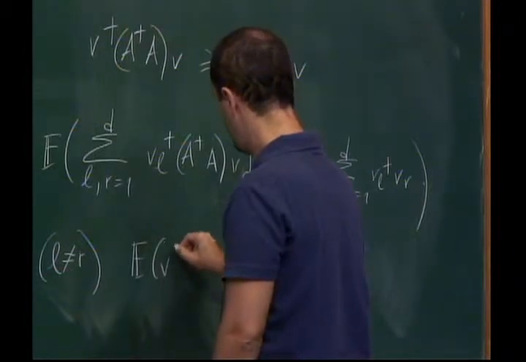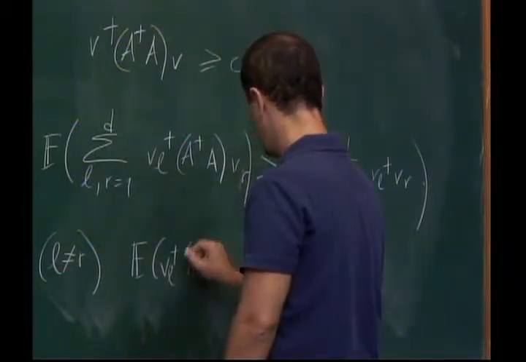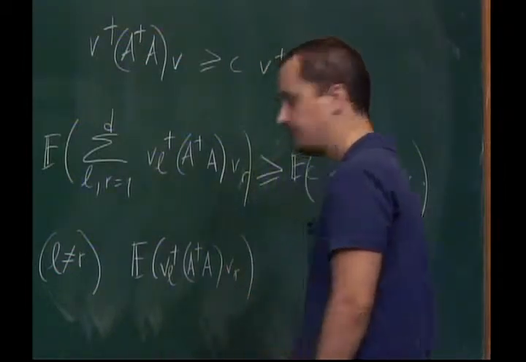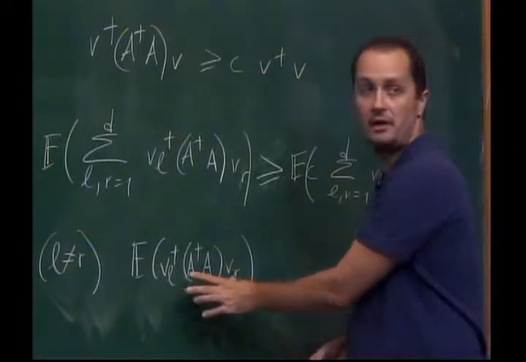What's the expectation of V_l transpose A transpose A V_r? If you really wanted to do this carefully, you'd have to be careful. But we have done things like this before, where we wanted to take expectations of expressions involving vectors.